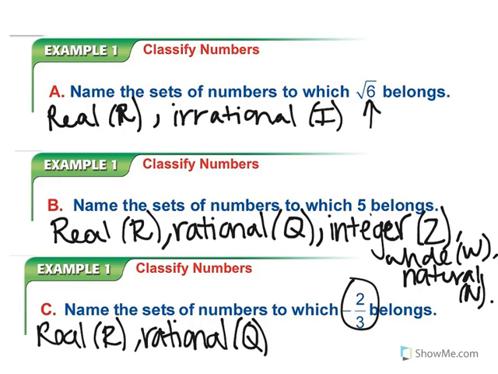And in this case, it's not, because we can actually write this as the decimal negative 0.6666667, and it just repeats on and on and on forever. So that indeed is not an integer because it is in fact a decimal. So it's only a real and a rational number.